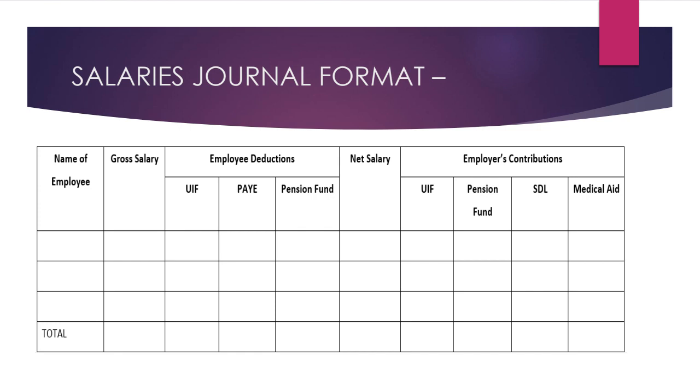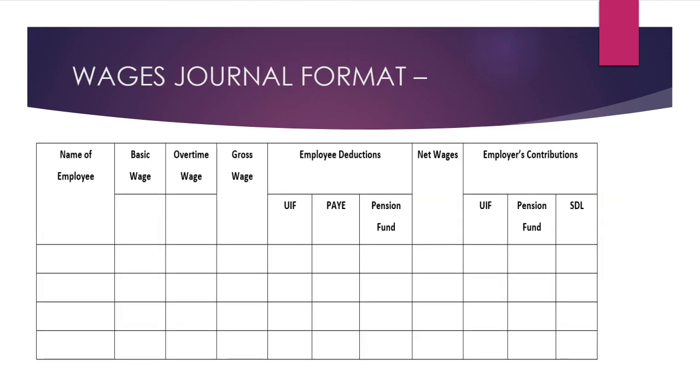This is the salaries. Let's go to the wages. They look similar. The only difference here is that they don't give you gross wages. You must work for it. They will tell you about the hours, and remember I said they will give you the rate and something like that.